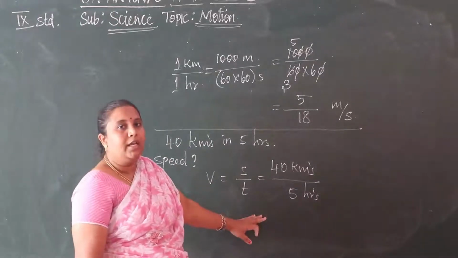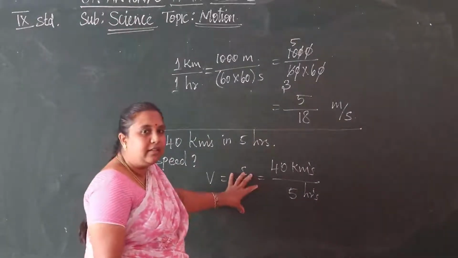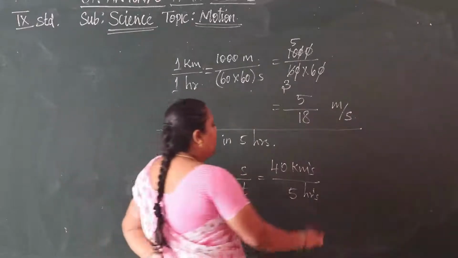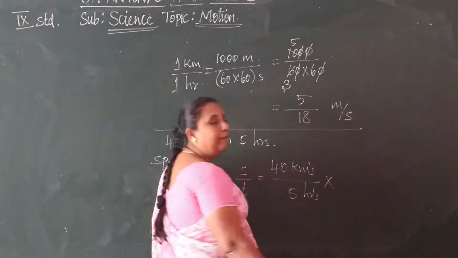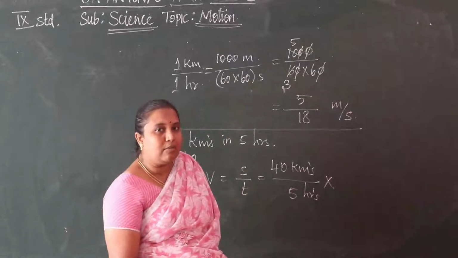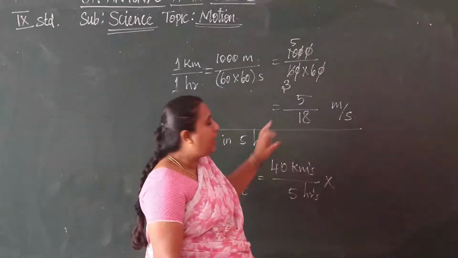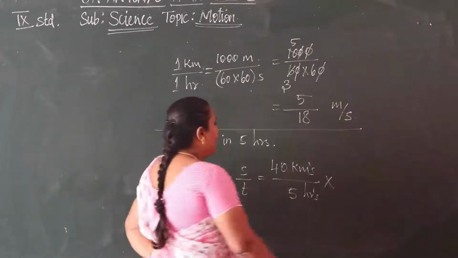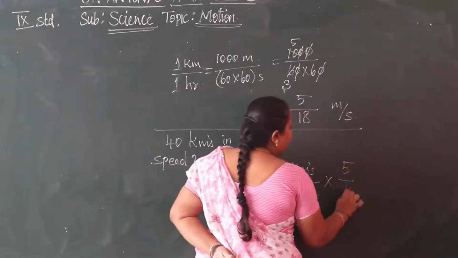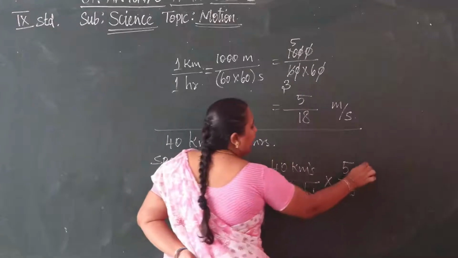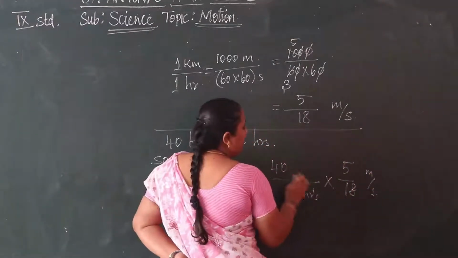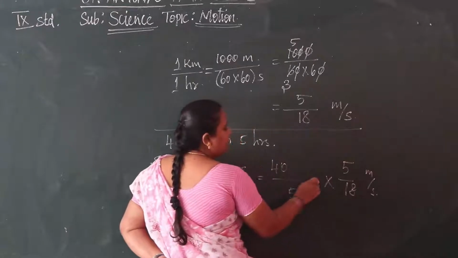Okay, here we want to find the speed in meter per second, so we want to convert this into meter per second. What do we multiply here? See, 5 by 18. So we converted this into meter per second.